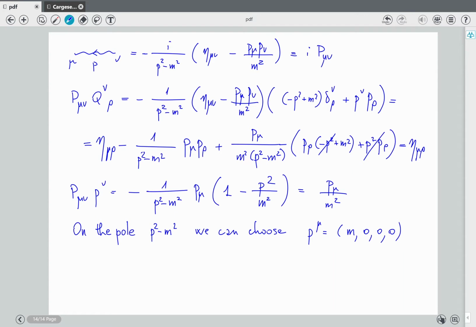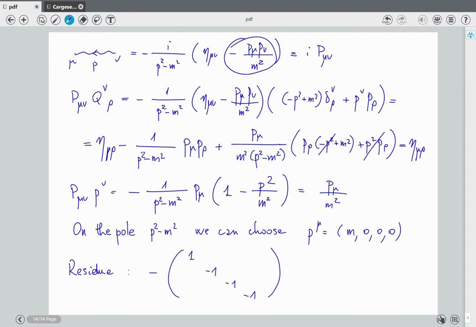And then let's check the residue of the pole on the pole. So apart from the minus sign, we have eta, so that will be 1, minus 1, minus 1, minus 1.